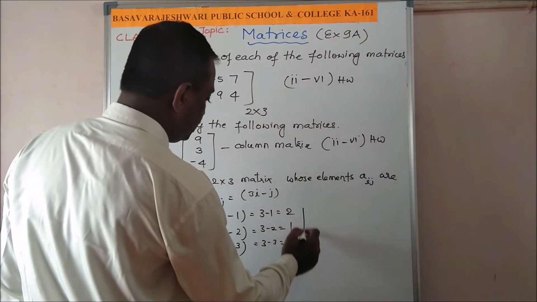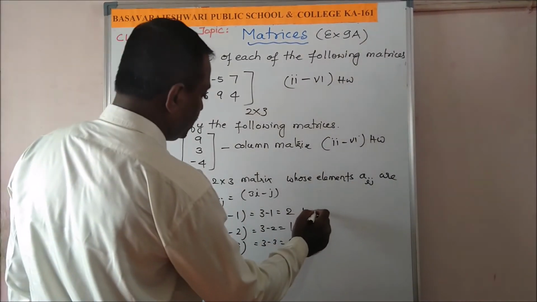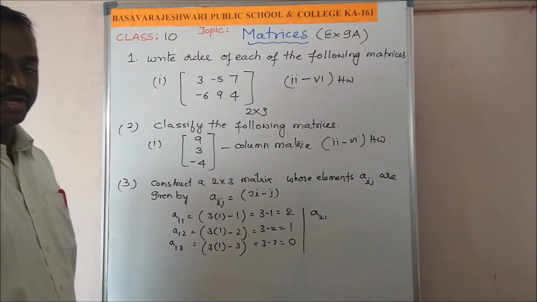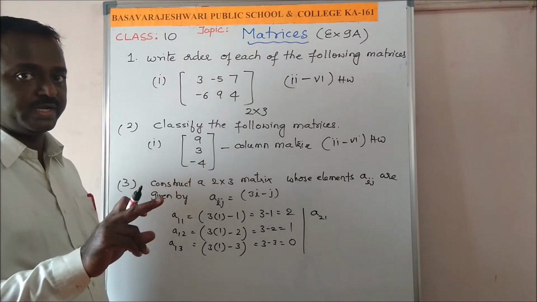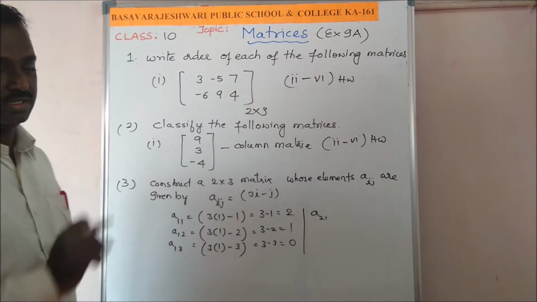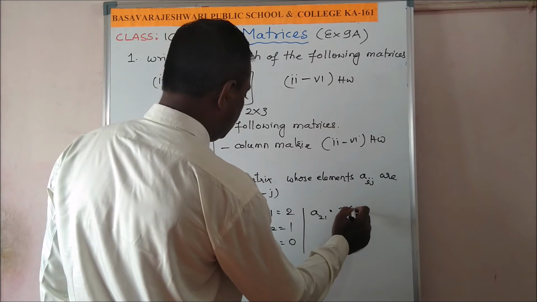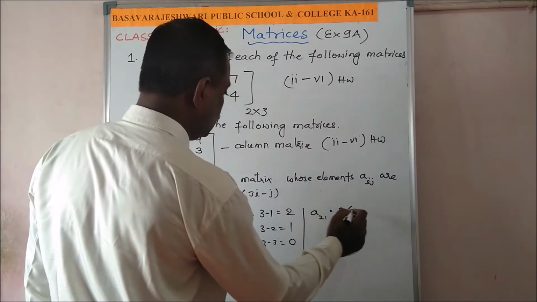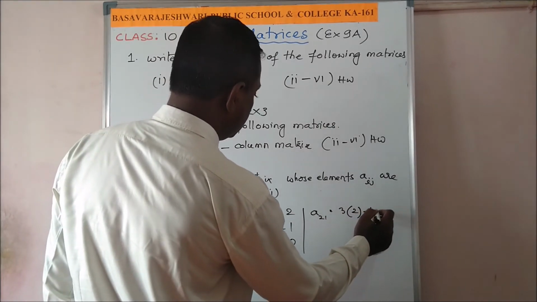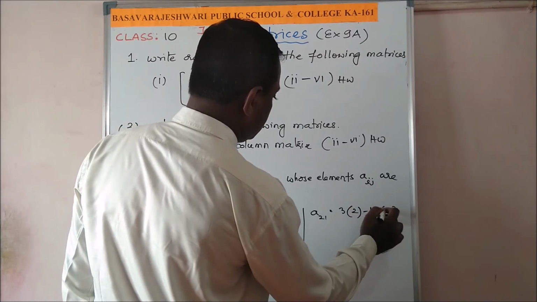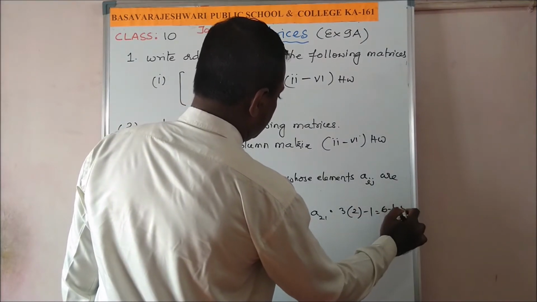Now we will come to the second row. a_21: second row, first column. 3 into i, which here is 2, minus 1. 6 minus 1 is equal to 5.